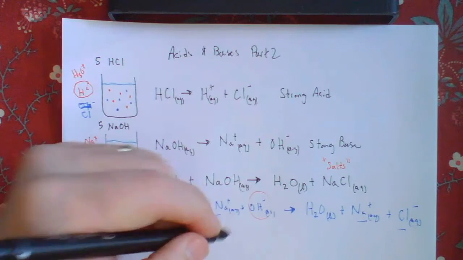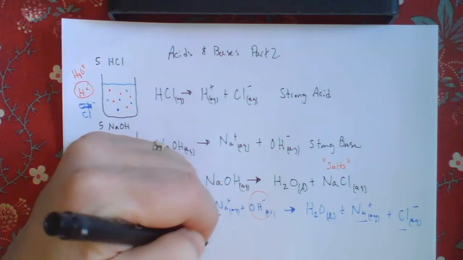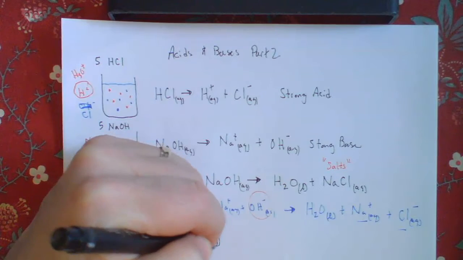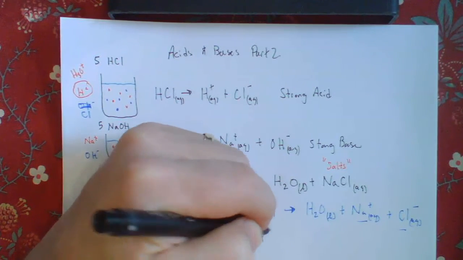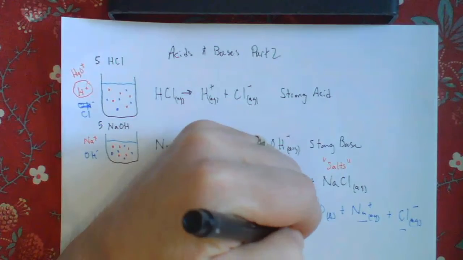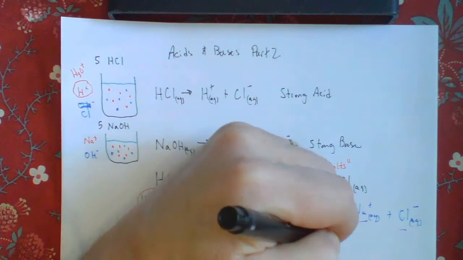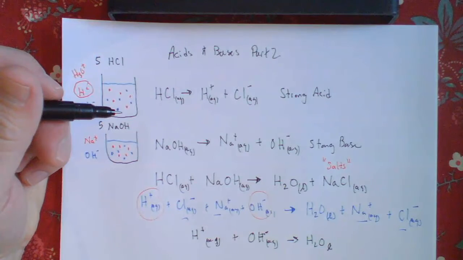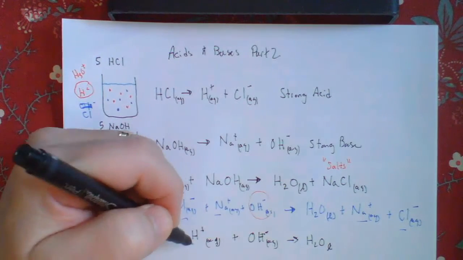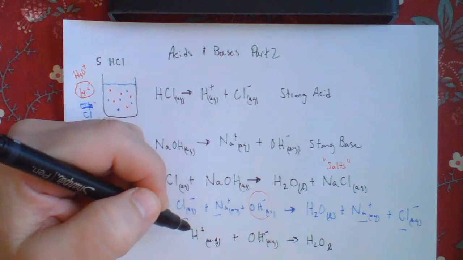And our net ionic equation then really comes out to be our equation that looks like water. This is where we see that shift in the pH happen, and we get to a point where we start to neutralize each other.